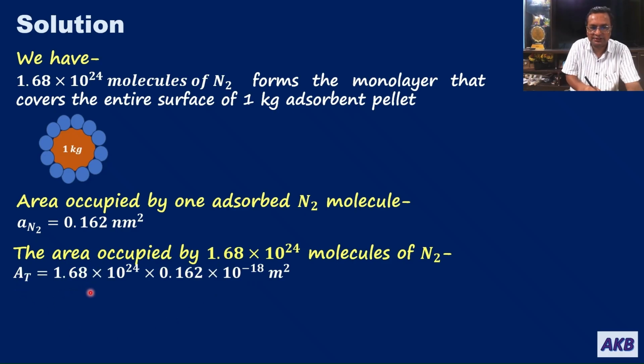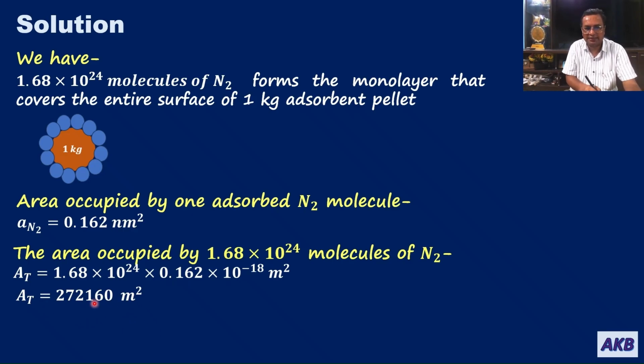It is 1.68 into 10 to the power 24 into 0.162, and if I have to convert it to meters square, I will have to multiply with 10 to the power minus 18. So it is 1.68 into 10 to the power 24 into 0.162 into 10 to the power minus 18 meters square. So that A_T comes out to be 272160 meters square.